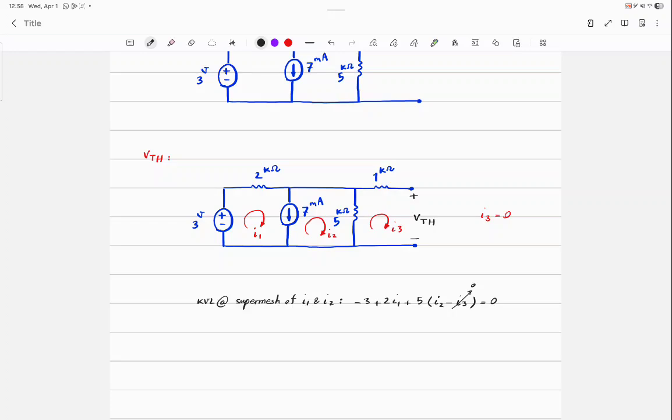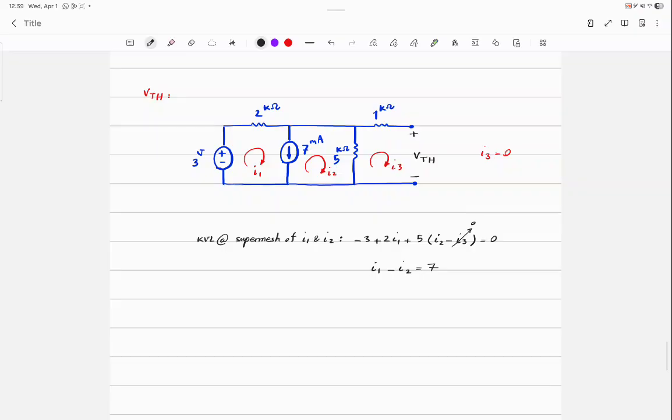What's the next? I1 minus I2 is equal to 7, from inside the supermesh. Okay, two equations, two unknowns. I'm going to do something different from the last time that I did mesh.